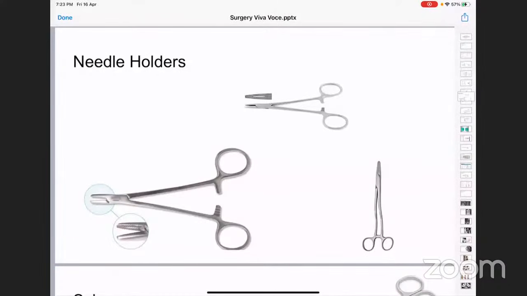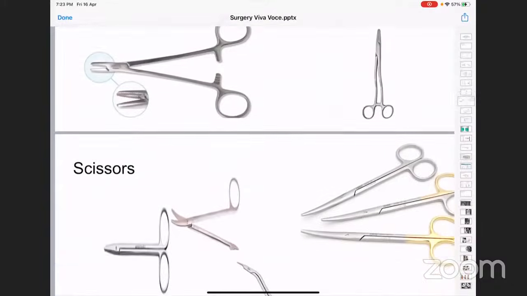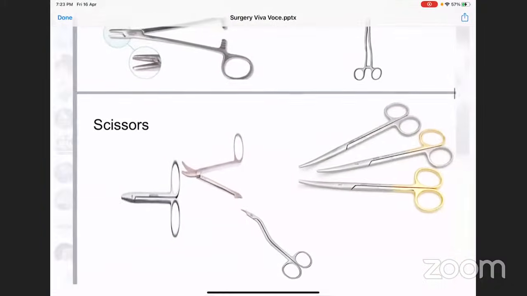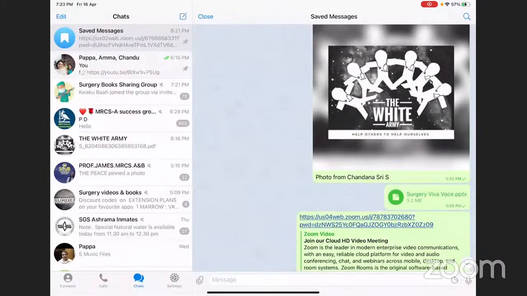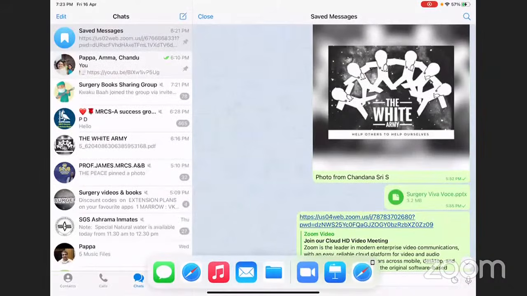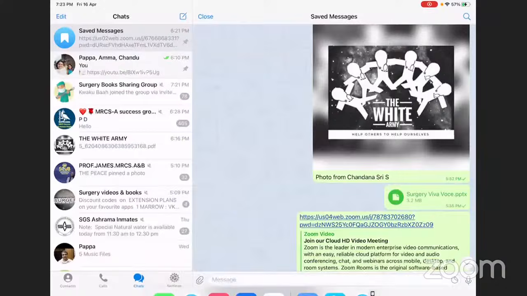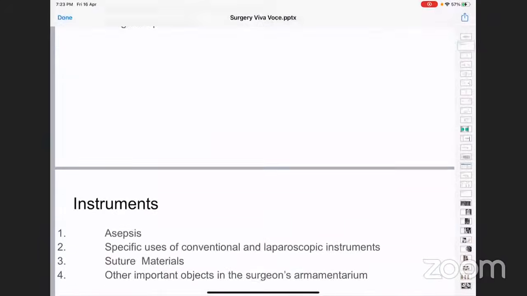No. Do you hold the needle at the fag end away from the tip? Do you hold it where it is crimped to the suture material? No. So where exactly do you hold the needle? Okay, think about it. When we talk about surgical needles, we'll discuss this in detail. At the junction of 1/3 and 2/3. Yes, that's correct. At the junction of 1/3 and 2/3 of the needle.